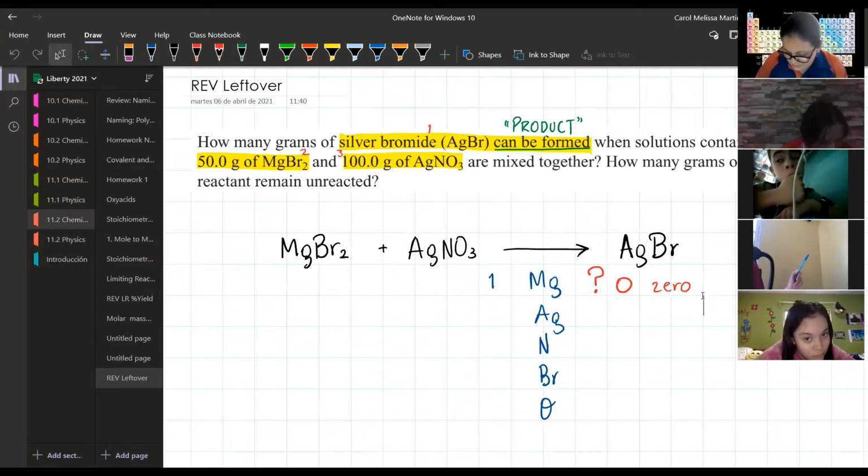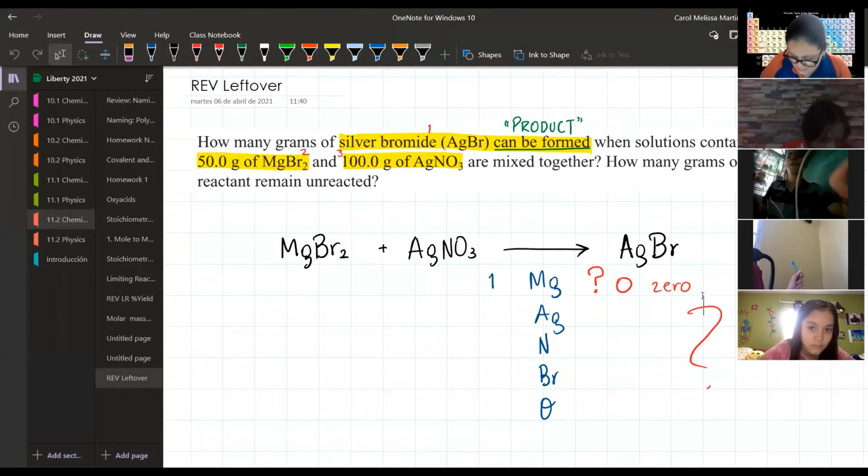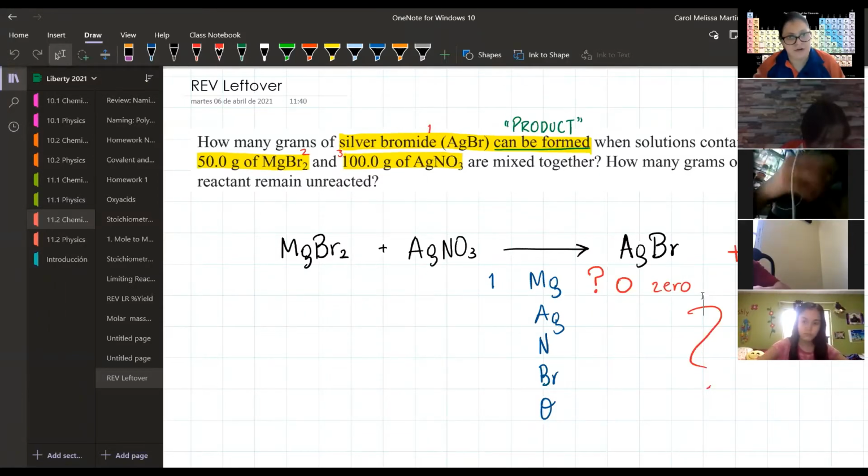If here I don't have magnesium in the product, it means that I'm missing one product and I need to get it. Okay, so actually this reaction is whatever I have in the reactants that produce silver bromide plus an unknown second product. Now, how can we get the other product?